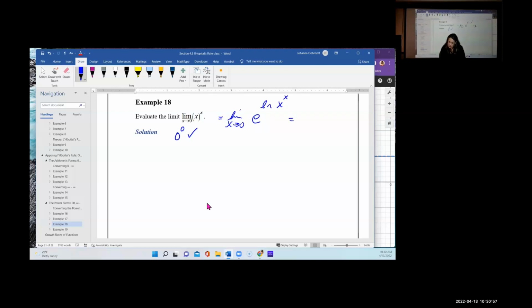I'm going to apply the logarithmic properties to pull the power on the base to the front as a factor. And then I'm going to pull the limit up into the power. So I have e to the power limit as x goes to 0 of x times natural log of x.